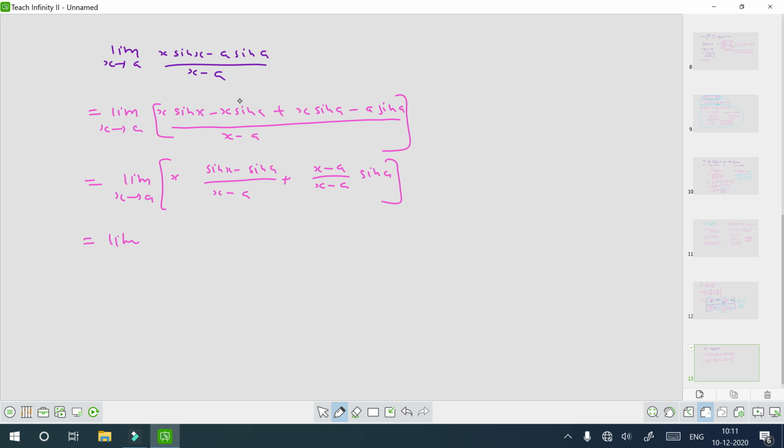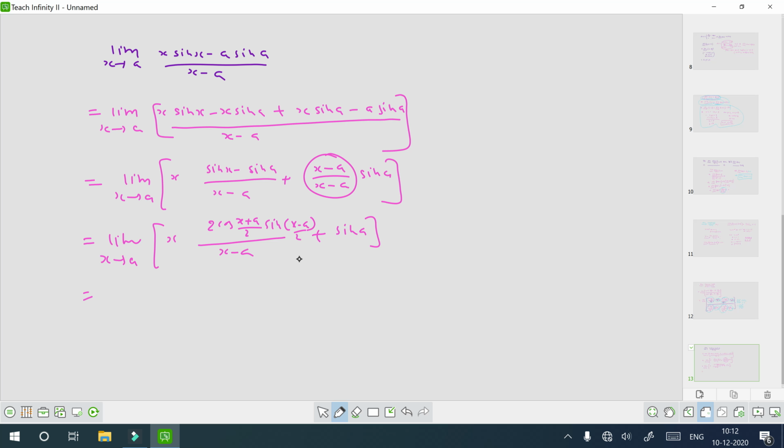That is equal to limit x tends to a, x, sin minus sin comes out to 2 cos (x plus a) by 2 sin (x minus a) by 2 over x minus a, plus sin a, because x minus a gets cancelled.